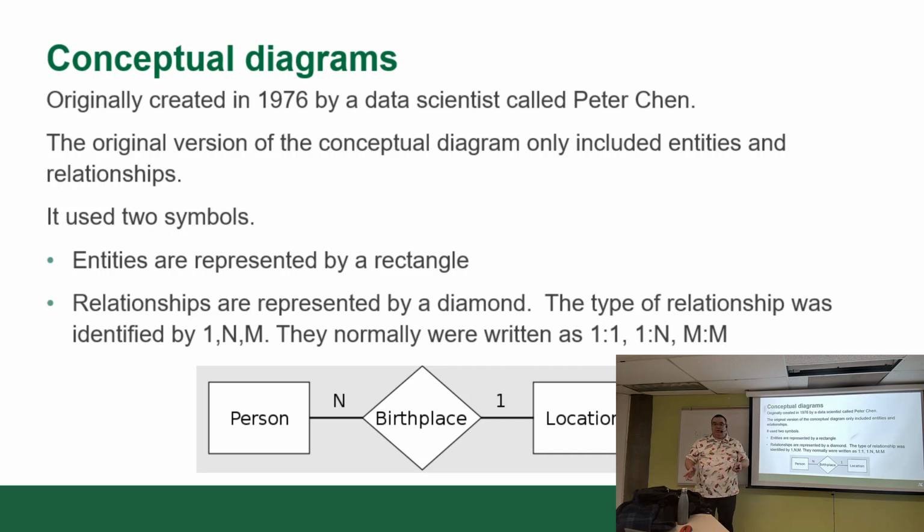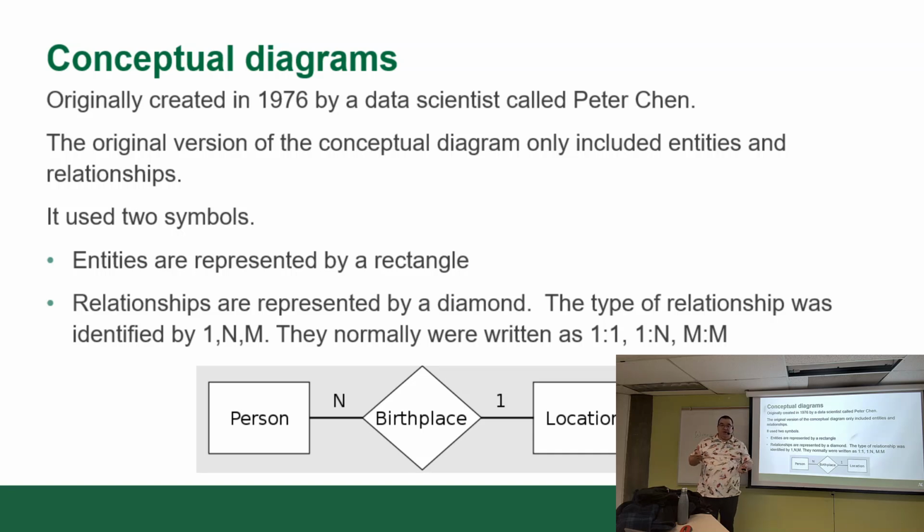Entities were a rectangle, relationships were a diamond, and there was a notation on there that described the type of relationship, using 1, N, and M. These were written as 1 to 1, 1 to N, M to M. I've also seen NM used, but that's a fourth notation that wasn't as common.